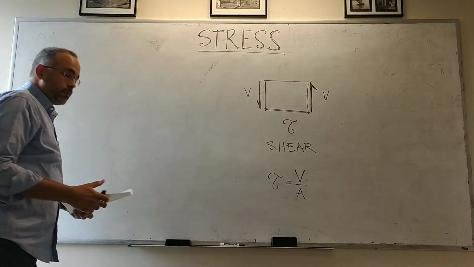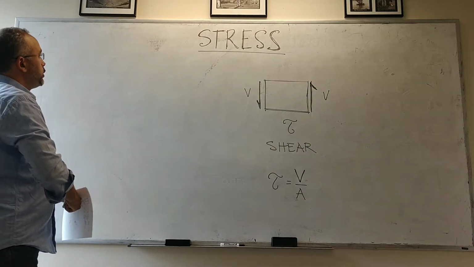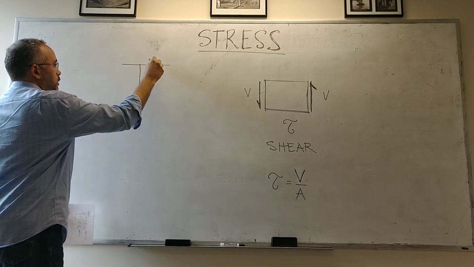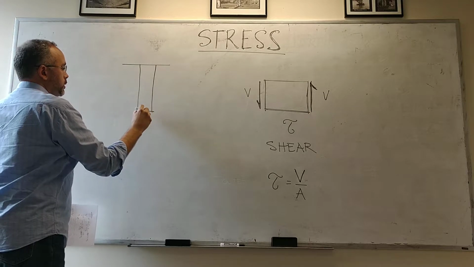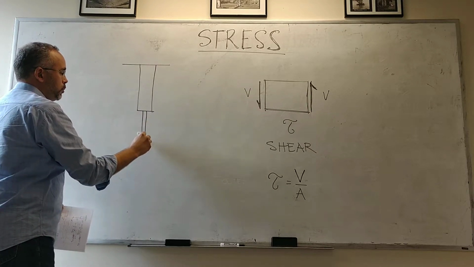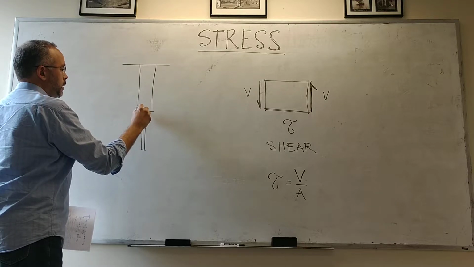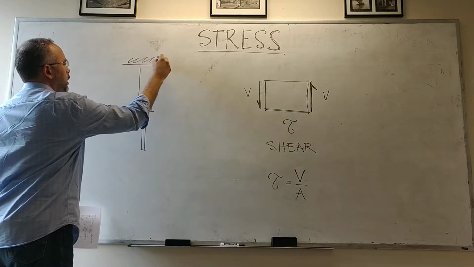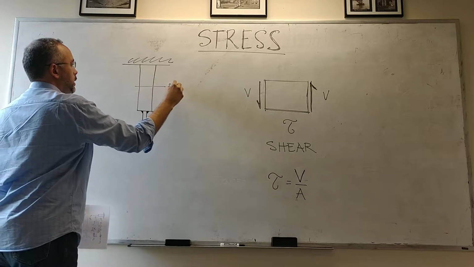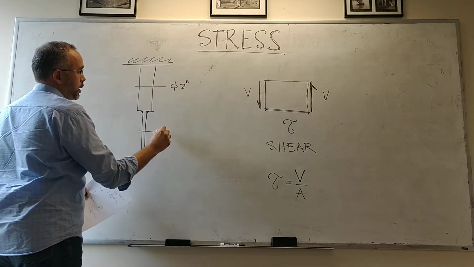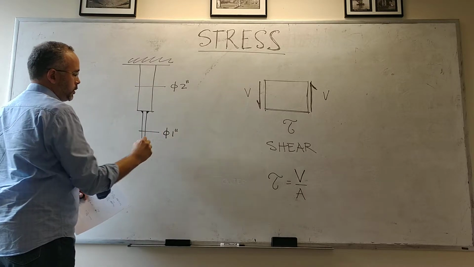Let's give an example of normal stress. Say you have a simple structure like this with two bars connected, welded at their ends. This one has a diameter of 2 inches, and this one has a diameter of 1 inch.